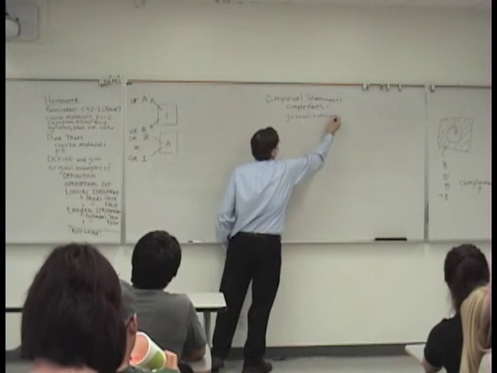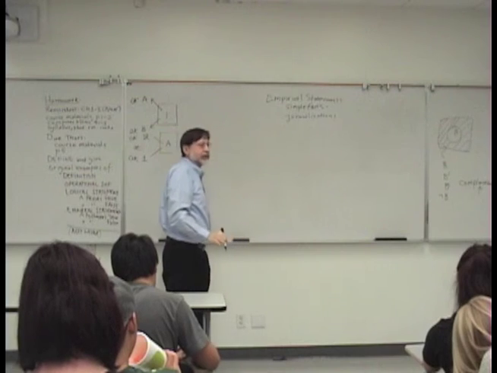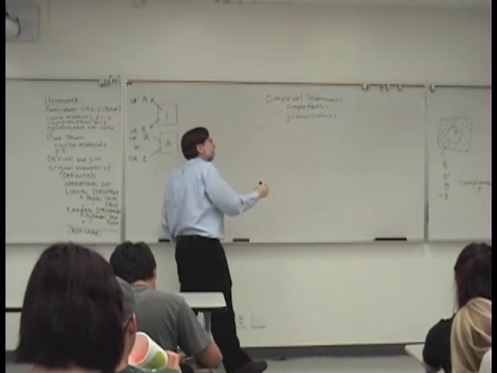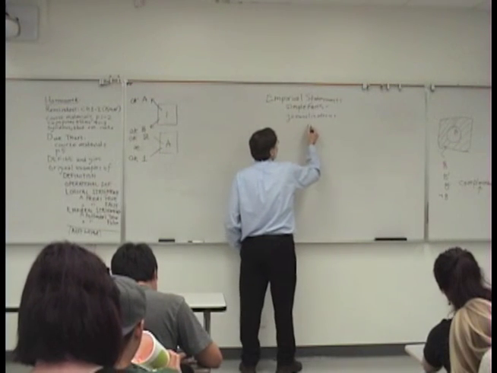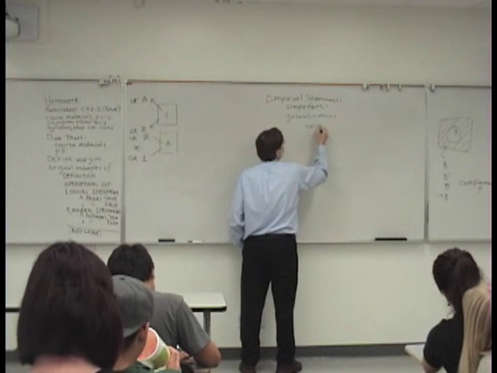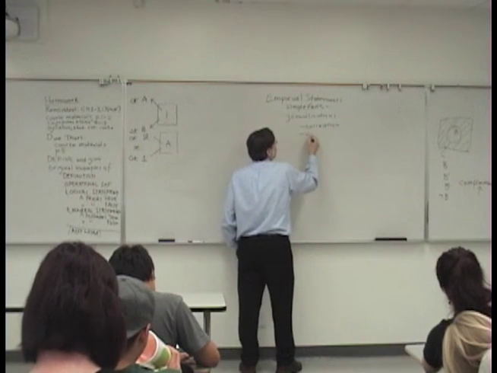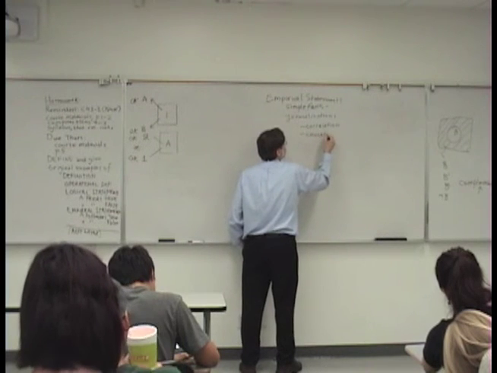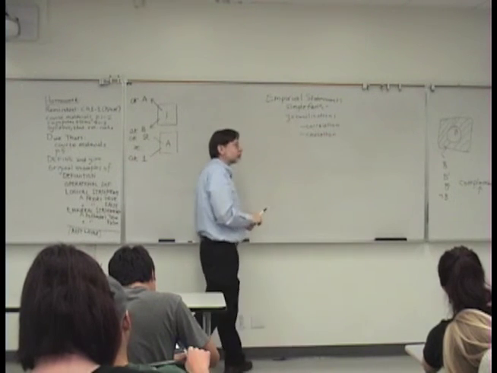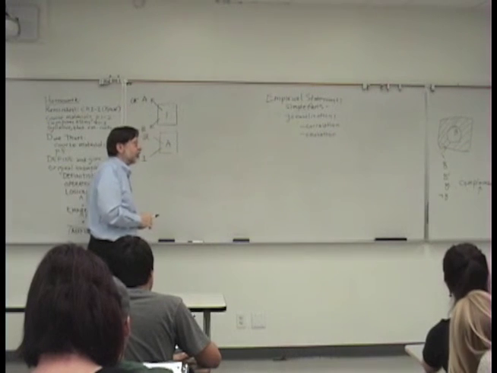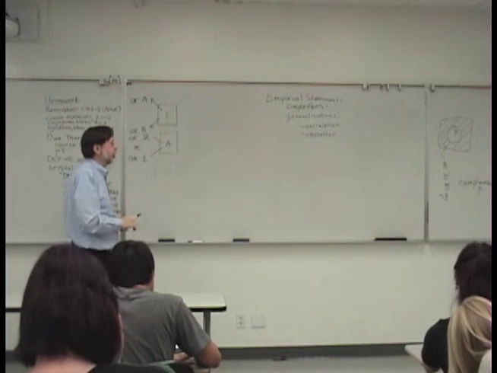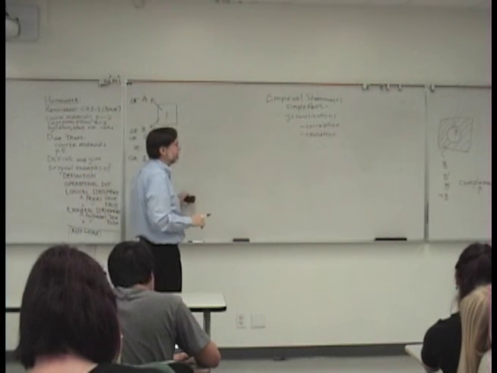And generalizations require the use of induction. And among these generalizations, some of them are called statements of correlation, and some of them are called statements of causation. And it's going to take me a while to explain causation and correlation before we get started here.